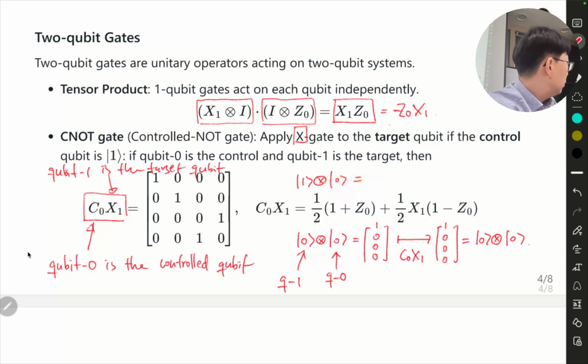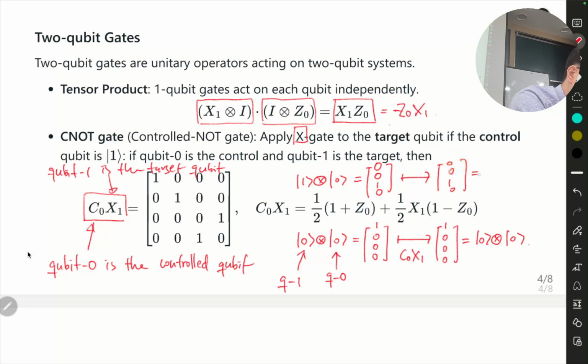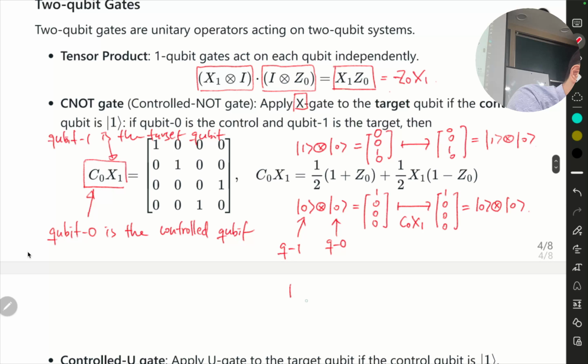Again, qubit 0 is in the state 0, so you don't do anything on the target qubit. Originally it's 0, 0, 1, 0, so it goes to 0, 0, 1, 0 again, which is the same. And how about 0 now 1? So this is 0, 1, 0, 0.